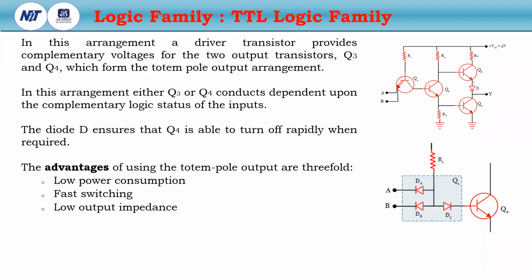The diode D ensures that Q4 is able to turn off rapidly for high switching when it is required. So the diode will ensure that this output transistor Q4 will be rapidly turned off for fast switching purposes.